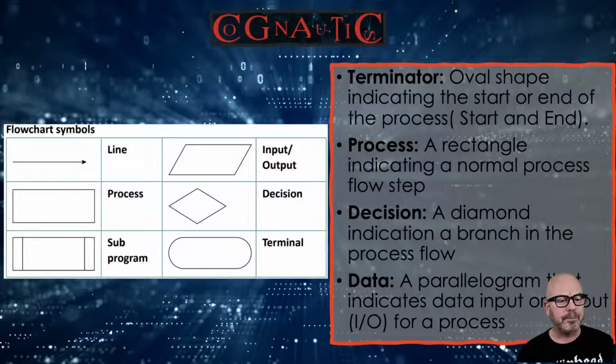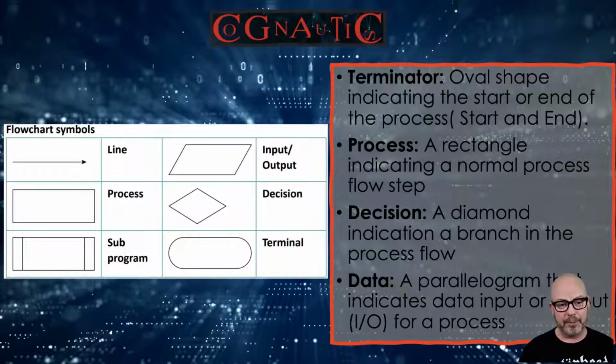Okay, so let's move on to the more specific part about this. If you want to get full marks for this flowchart question, you need to make sure that you know what these symbols mean. Everything has to be joined together by a line, and you need to draw an arrow on the line to show the flow of information, the flow of data, the flow of processes, okay?